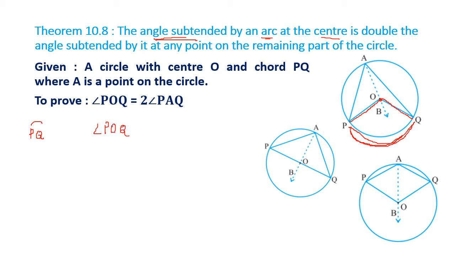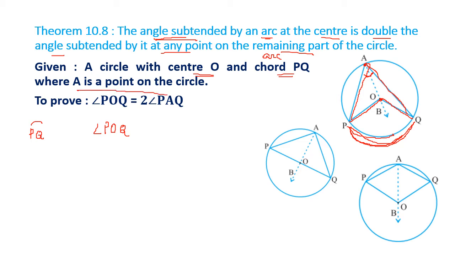The theorem says the angle at the center is double the angle subtended by any point on the remaining part of the circle. Means this is made at the center. Now let me take the point A. This same arc PQ makes angle PAQ on the circle. So we have a circle with center O, a chord PQ or an arc PQ, and A is a point on the circle.